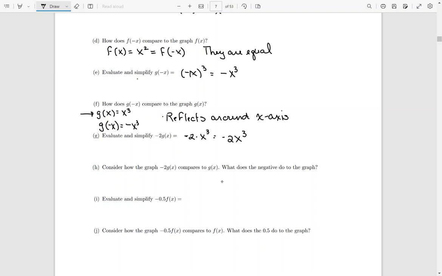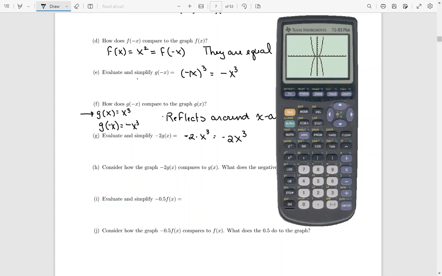How does that graph compare to g of x? So again, go into our calculator, and I'm going to take out, well, let's just insert a 2 here. So -2x cubed. So there's the original. One got flipped around, and actually it's a little bit skinnier. It's drawn in a little more to the y-axis.